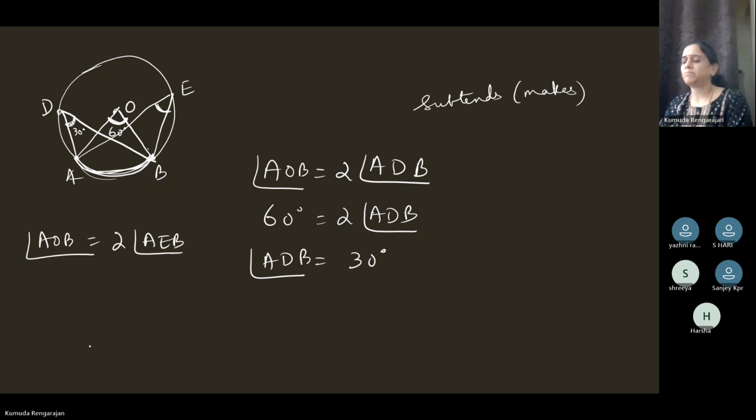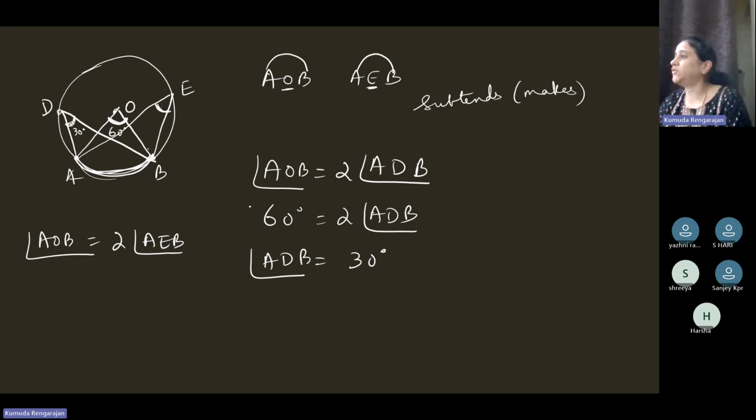Why? Because AOB and AEB are two angles made by the same arc AB. And you can also make out from the names AOB, AEB. AB is the arc, O is the center; AB is the arc, E is the point on the circumference.